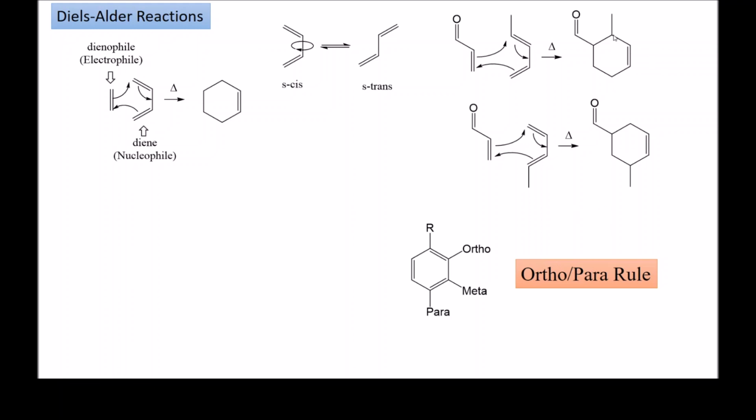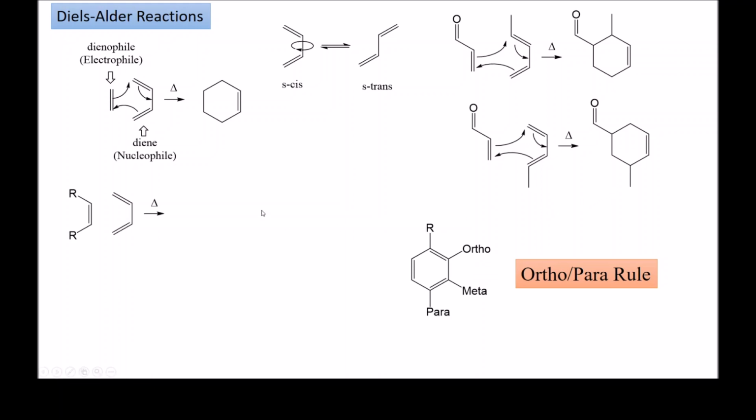Now technically they're not called ortho because this is not a benzene ring, but if it were a benzene ring, then these two substituents, this aldehyde and this methyl group, would be ortho relative to each other, and this aldehyde and that methyl group would be meta relative to each other. And the ortho-para rule tells us that this is more likely to be our major product. We're not going to get into the why of this rule. We're just going to use it as a rule and then step away from the explanation.